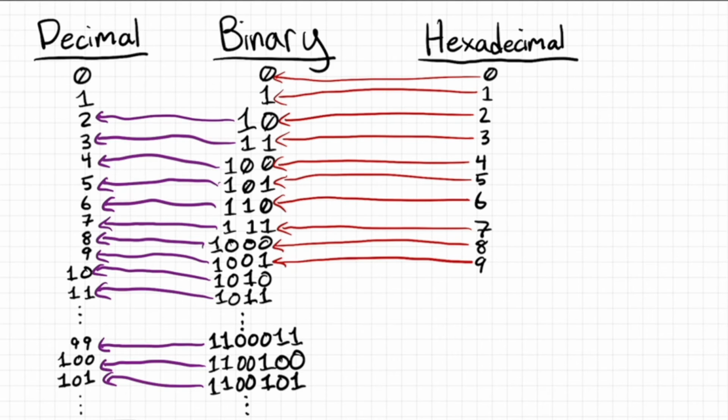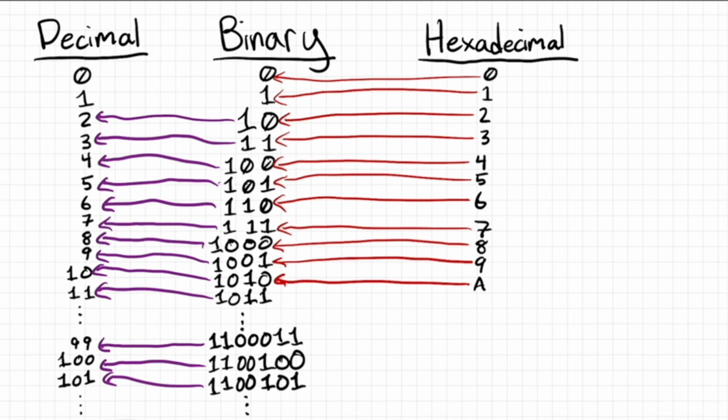So if we look back over here, we can see that hexadecimal has the digits 0 through 9, which map back to binary, and then they also map back directly to decimal. But what happens after the digit 9? Well, to represent the number 10 from base 10 or decimal, we are going to simply put an A, and that will represent 10.